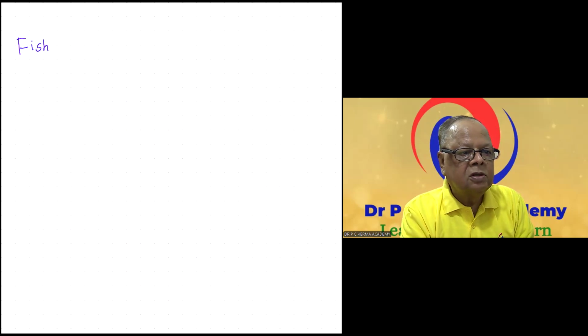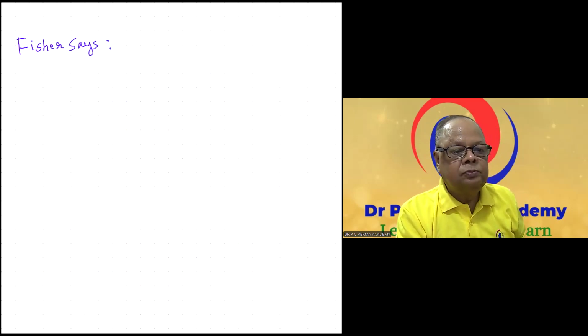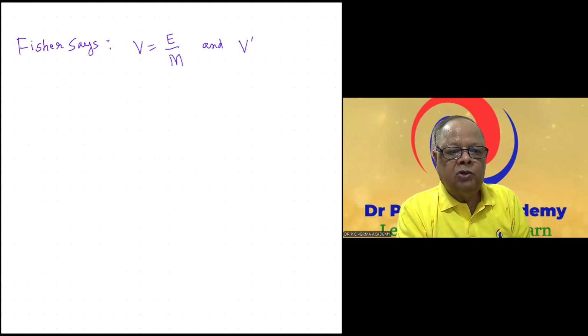Fisher said E is equal to E by M, and E dash is equal to E dash by M dash.